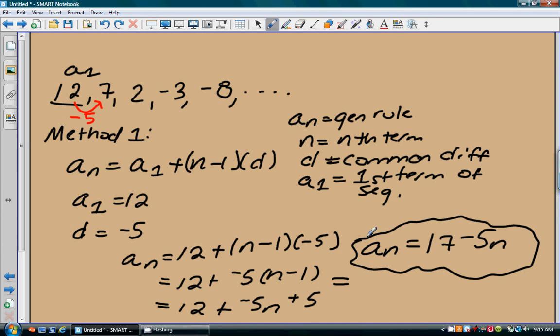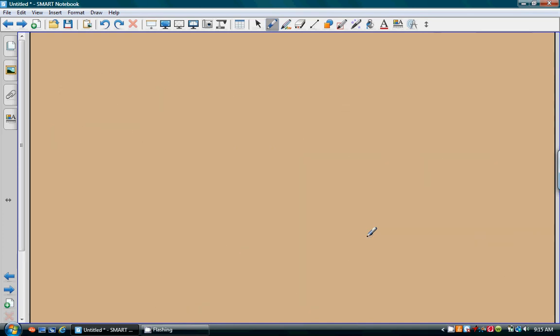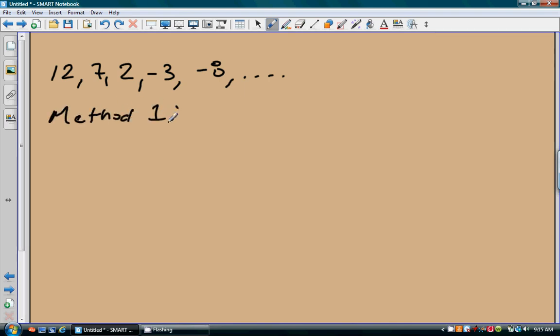Now, the method I like to use is a little bit easier, but it just depends. Again, our sequence was 12, 7, 2, -3, -8. In my method, I don't really show much work, but this is what we need to know. Our common difference, again, we can determine because we're subtracting 5 to get to each consecutive term.